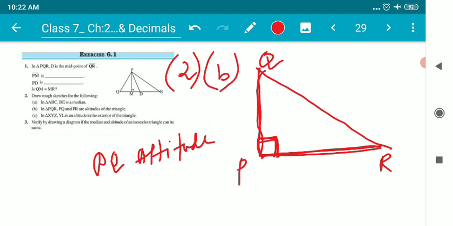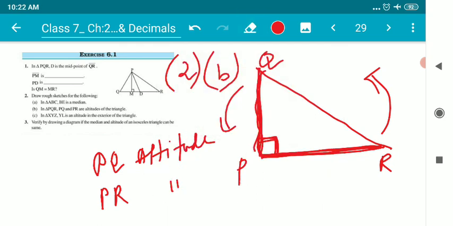If we rotate the figure this way, then we can see clearly that PR is forming a 90 degree angle, falling vertically exactly on PQ. So PR is another altitude. Children, this is the correct figure for question B.